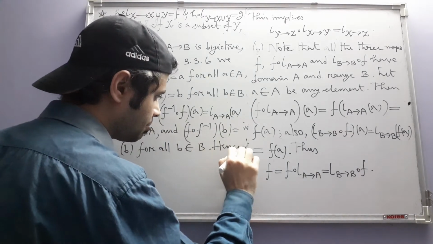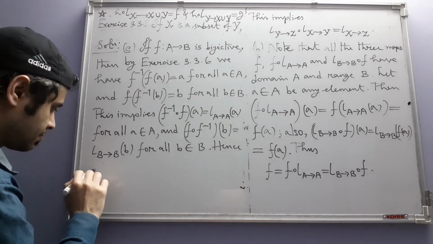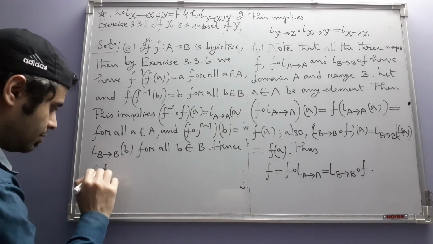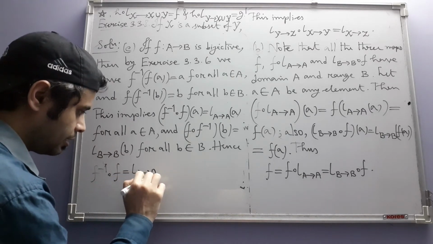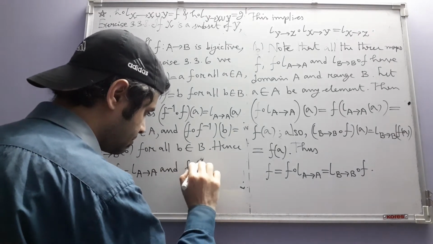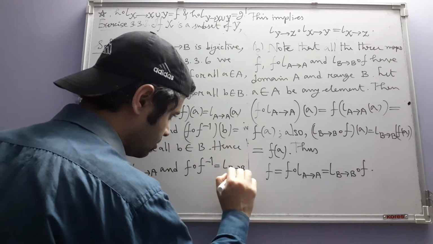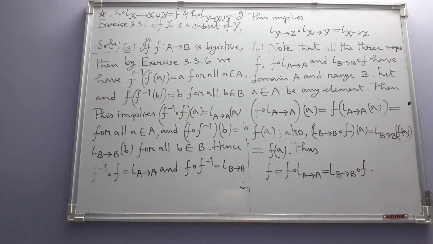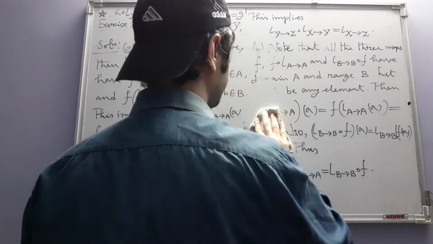Hence, by the definition of equality of functions, F inverse composition F is the identity map on A, and F composition F inverse is the identity map on B. Okay, so this is the third one, and finally the fourth one.